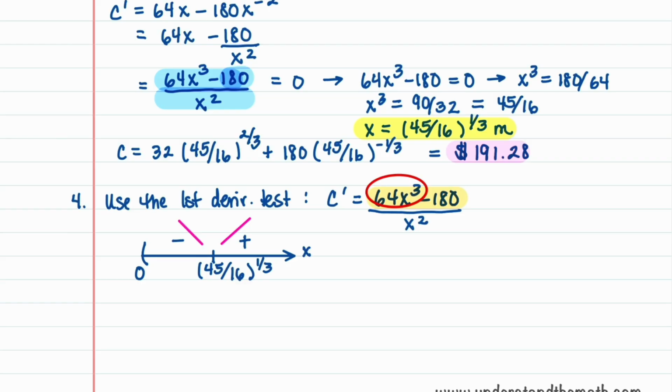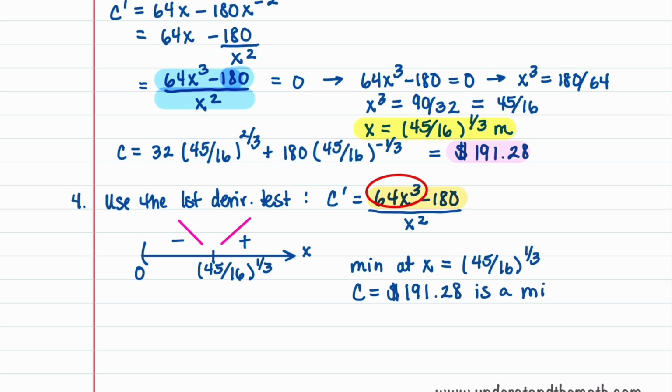So let's write down that we have a min at x is equal to 45 over 16 to the 1/3. And we'll write down that c is equal to $191.28 is a minimum. We'll go ahead and highlight that because that's really important.